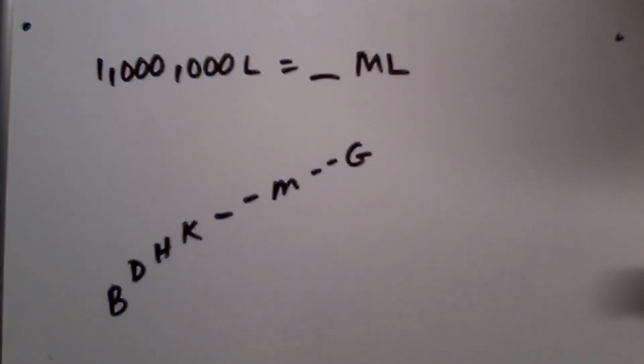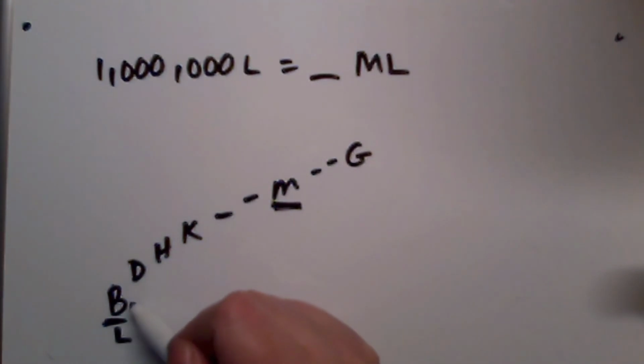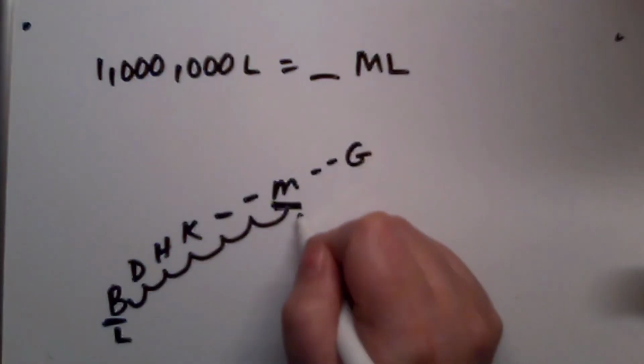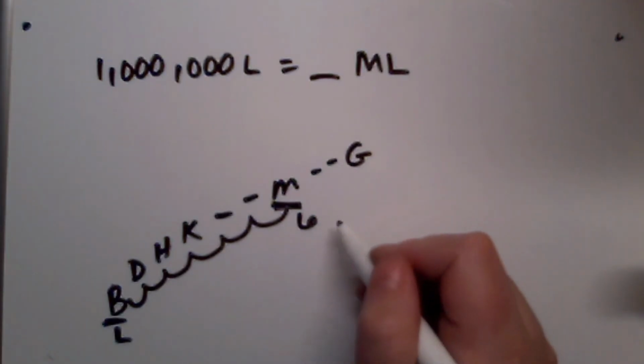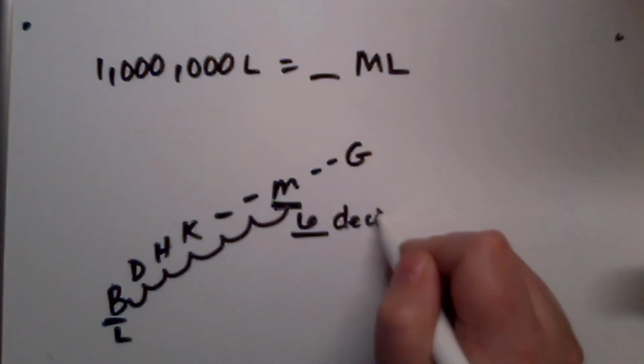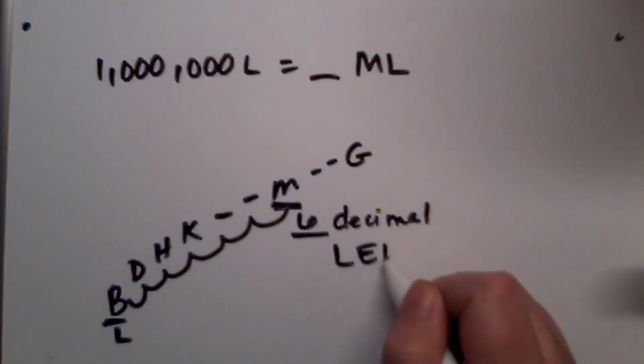So I am converting from liters, which is our base, to mega. So we're going to count the stairs. 1, 2, 3, 4, 5, 6. That was 6 stairs total, meaning that I have to move 6 decimal places to the left.